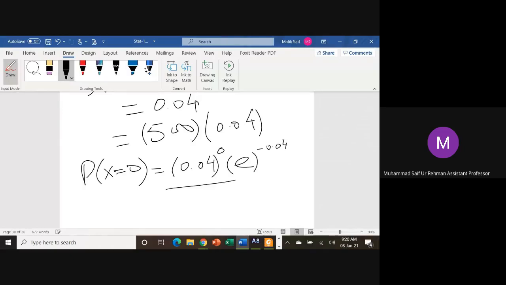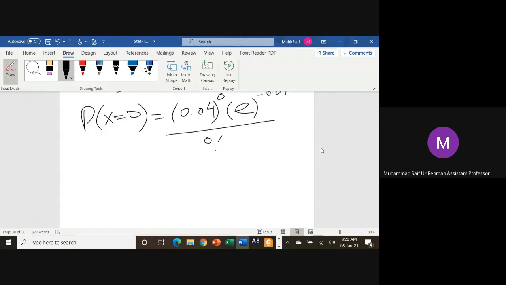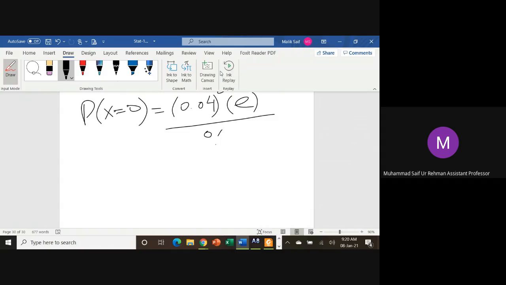And then you will divide it by x factorial. So x is 0, so 0 factorial will be there. So 0 factorial is equal to 1. So therefore, you can solve it. This term will become equal to 1. This term will become equal to 1. And you simply have to have e to the power minus 0.04. So you can take it. Yes, what is the answer? 0.9607.